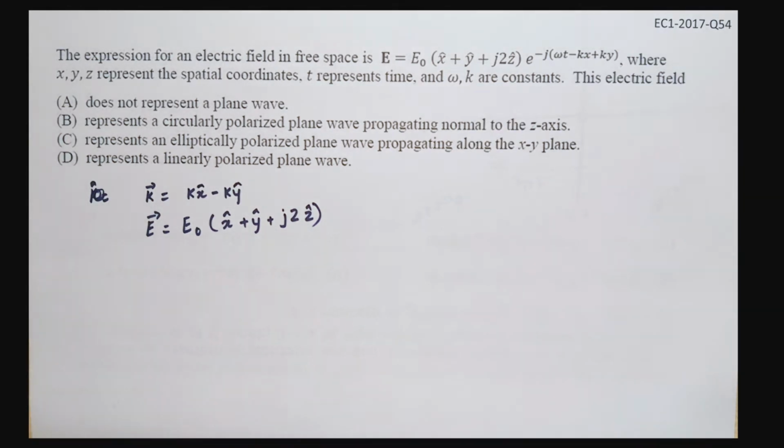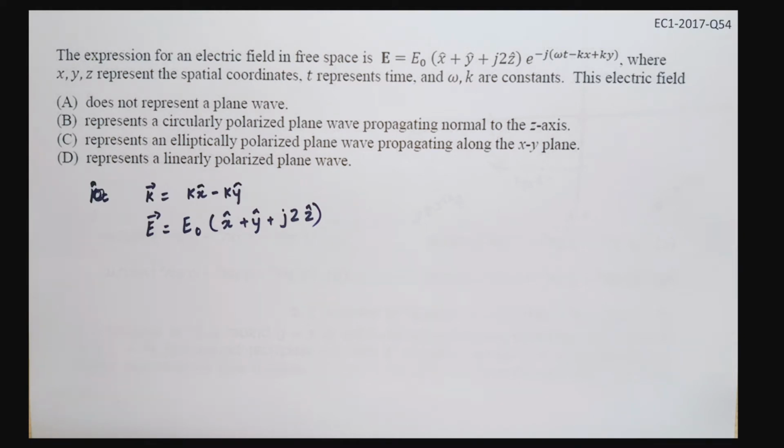First we have to find out whether the given electric field expression is a plane wave or not. In a plane wave, the electric field vector and the propagation vector are orthogonal to each other. Also, the magnetic field and the electric field are orthogonal to each other, and they lie in the same plane, and both the electric and magnetic field are orthogonal to the direction of propagation, which is the k vector direction.